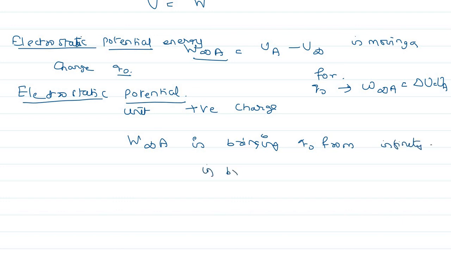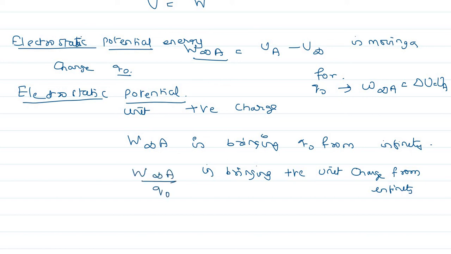So, in bringing unit positive charge, the unitary method. In bringing unit positive charge from infinity, how much do you need to do? That will be nothing but work done per Q naught. Work done upon Q naught. Understood? For Q naught charge, you are doing this much work. For one charge, how much will you do? Work done by Q naught. That's all.